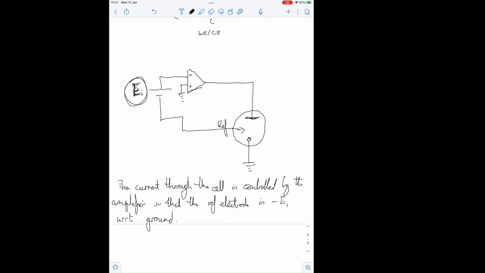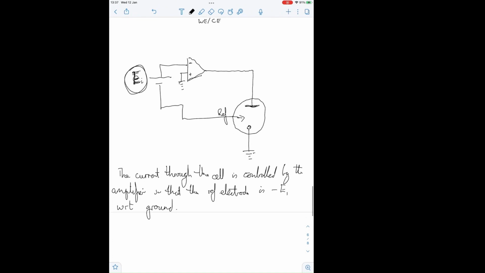But what your system is actually doing is controlling the current through the cell so that the potential is the one we tell it. So what actually happens in your electrochemical cell is that we change the potential of the counter electrode so the current is such that the potential of this electrode versus this electrode is the value we told it to be.